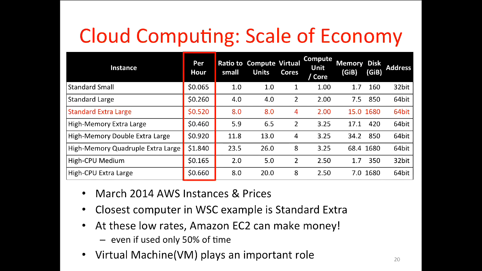Surprisingly, Amazon makes a profit with this low cost. This shows the economies of scale. So for the customers, it's better to rent this computing power from cloud computers, instead of just buying the machines, right?